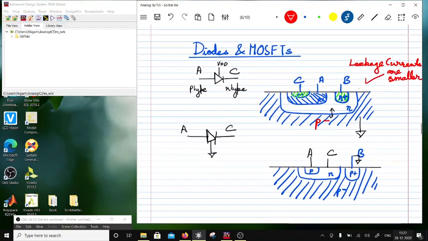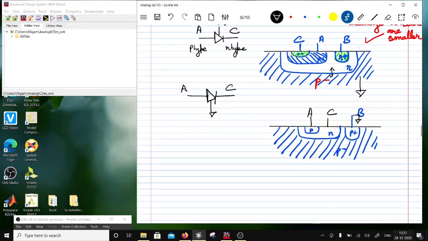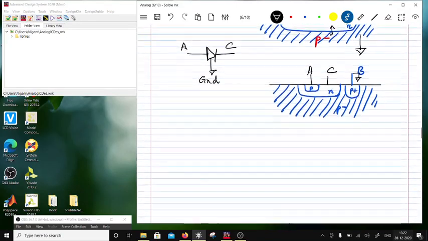So there are two ways to do this. If it is sitting in the well, then your VDD is the body terminal. If it is sitting outside the well, then ground is the body terminal. So it's a 3-terminal device.